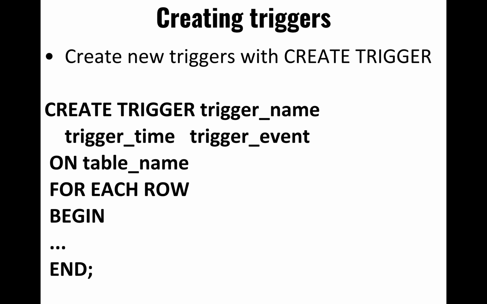So the trigger allows you to say whether you want to do it before or after. And then whether it's an update, a delete, an insert, what type of event occurs on a particular table. So you could say, the trigger name before you insert in a particular table. Right?